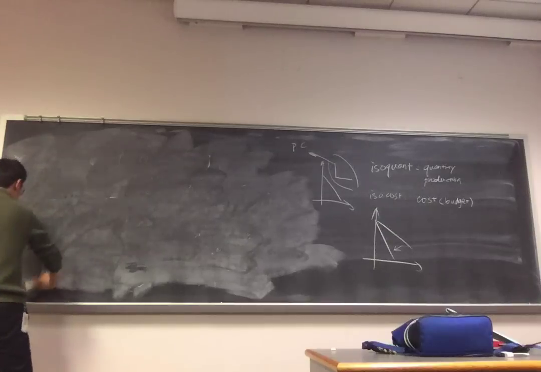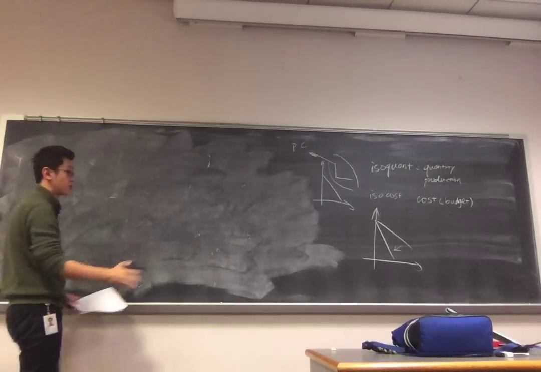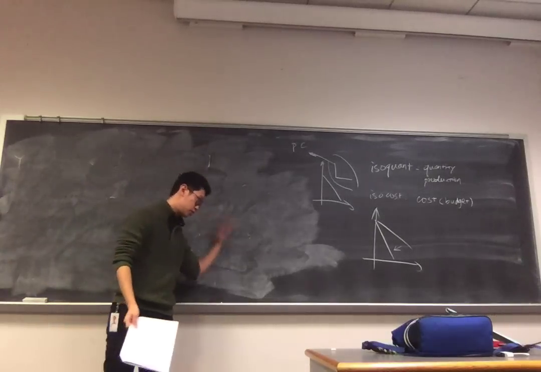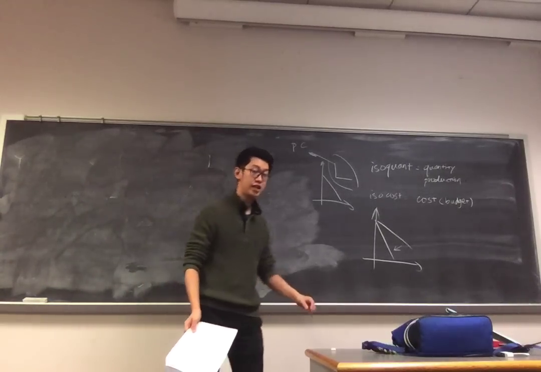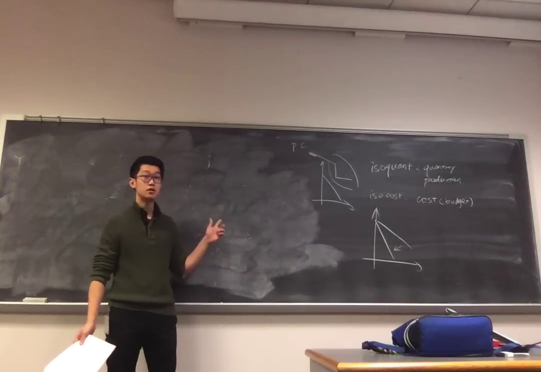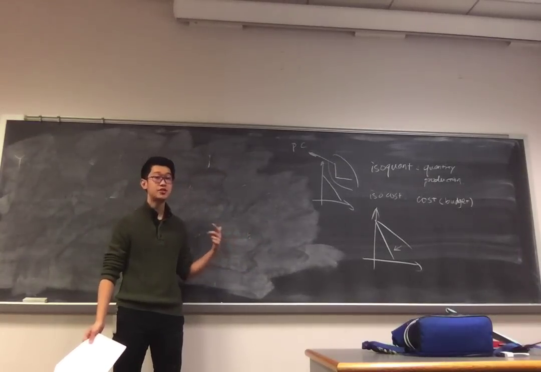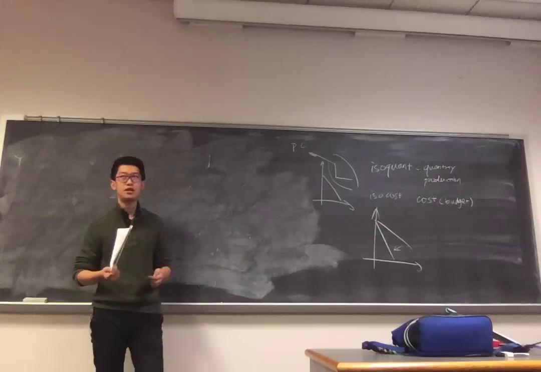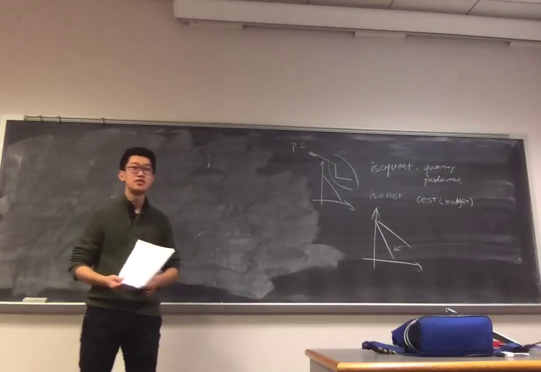Okay, these two are applications of the isoquant and the isocost. It's quite the same as the budget constraint and utility curve. The only difference is before we were making decisions on our own consumption, and now we have decisions on production. Actually, production is also a kind of consumption, right?